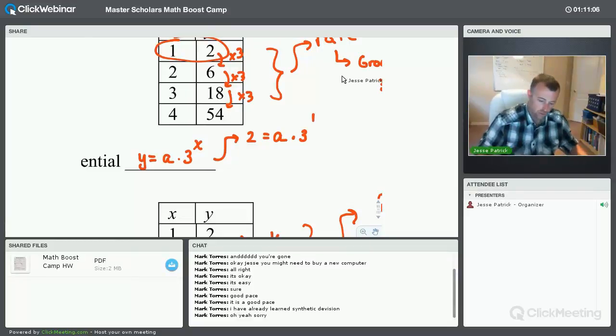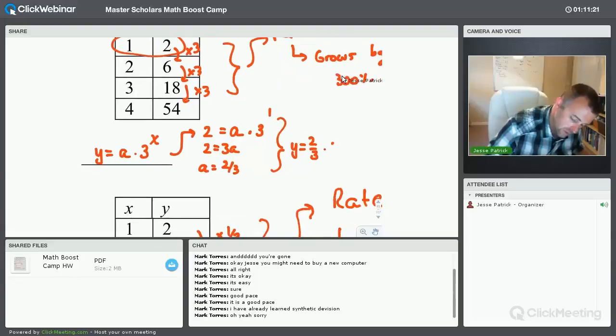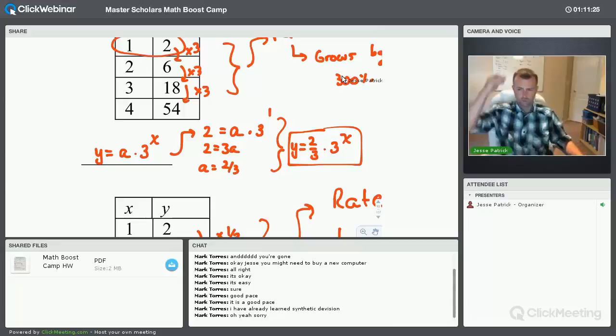That will represent your x value, which is 1. And that's just basically 2 equals 3a. Divide by 3, and a equals 2/3. And here is your complete function. y equals 2/3 times 3 to the x. So that would be your exponential function for that.